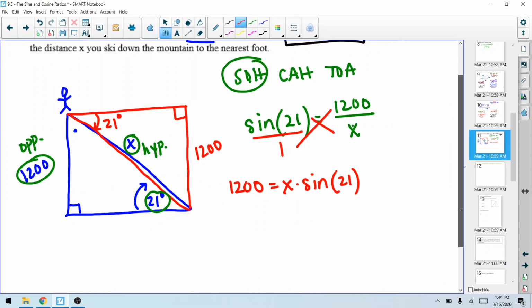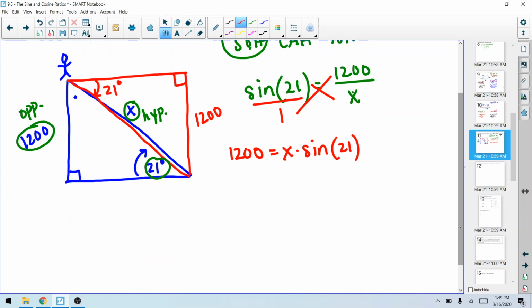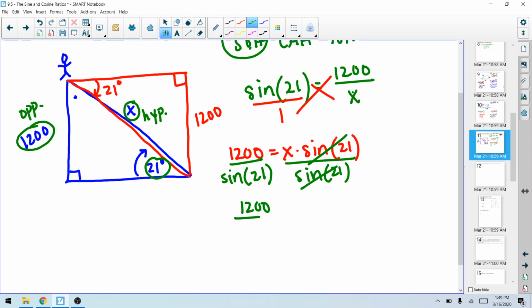This time, don't touch your calculator yet because x is not by itself. So in order to get x by itself, we have to divide by the sine of 21. Divide by the sine of 21. It's going to get rid of that. Then we're going to have 1,200 divided by the sine of 21 equals x.